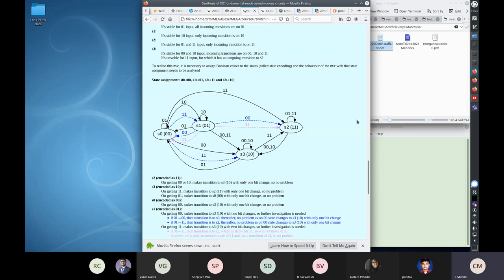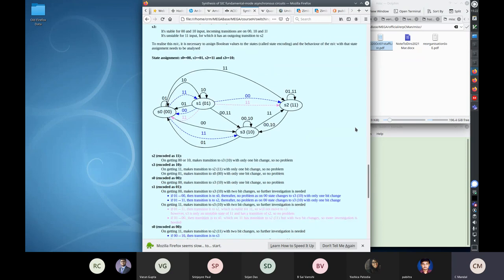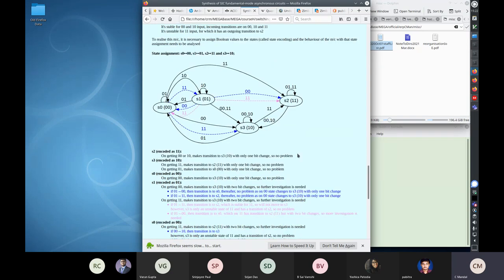So let us look at some transitions. We start examining with S2.